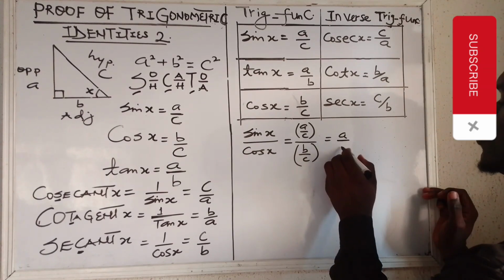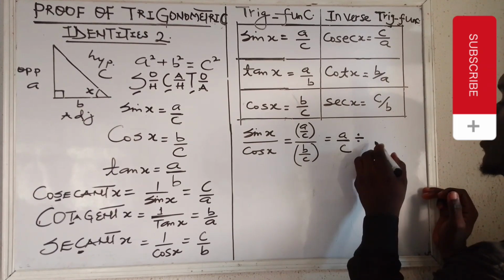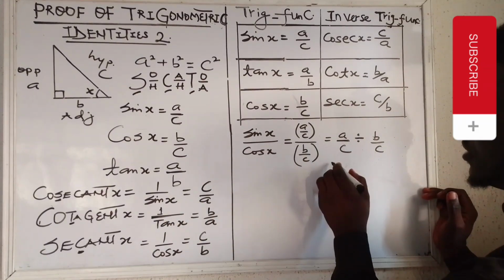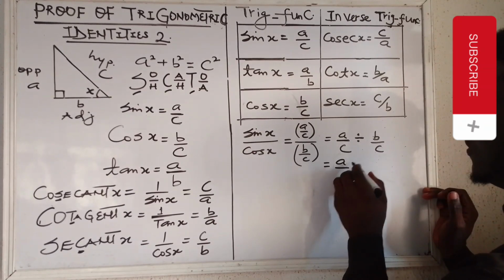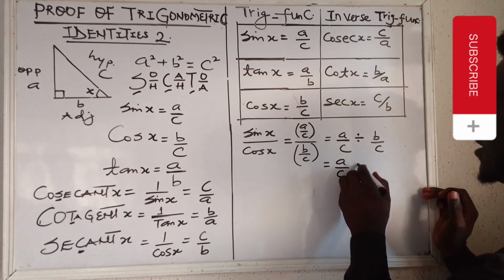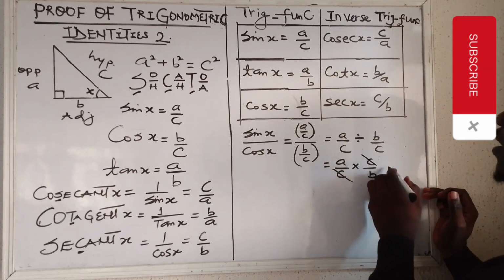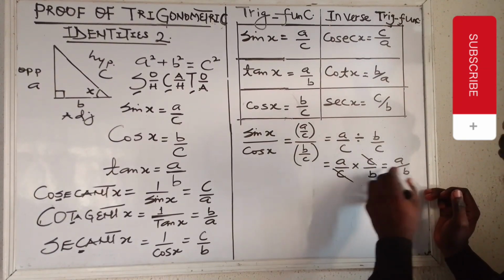This could be rewritten to become A over C divided by B over C. And like what I just explained, the basic rule of division, when you convert it to multiplication, the fraction at the right hand side is inverted. So we have C over B. So C eliminates C, and we have A over B. And who is A over B?